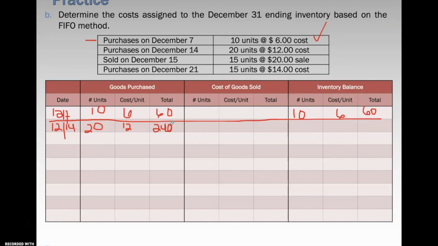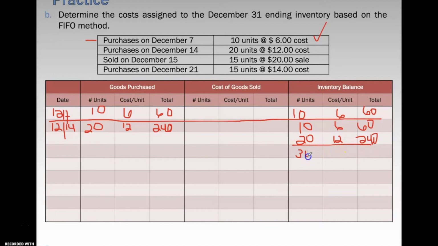$240. So what do we have? We have the combination of the two. So on the 14th, we have 10 units at $6 for $60. And we have the 20 units at $12 for $240. So what's our total? 30 units.